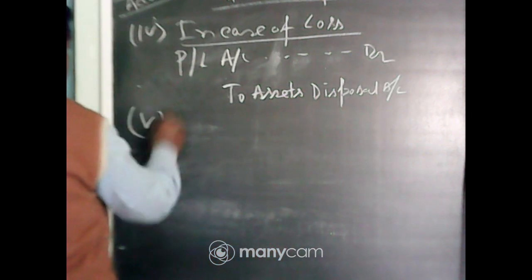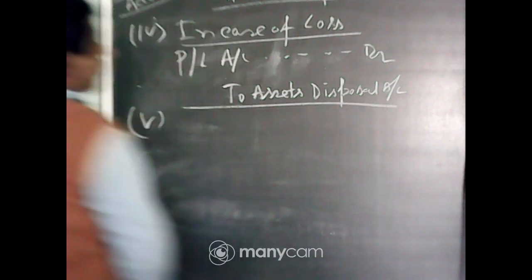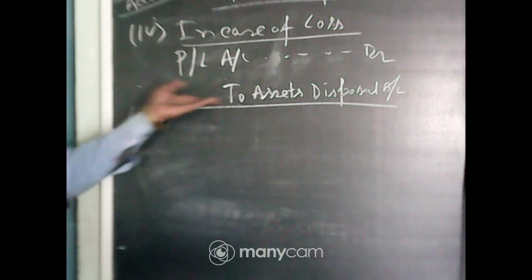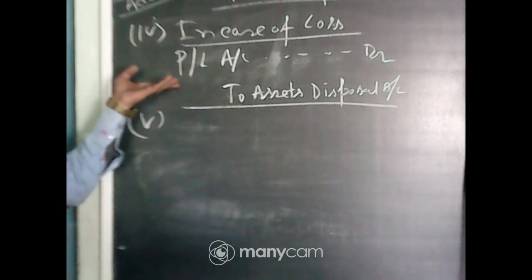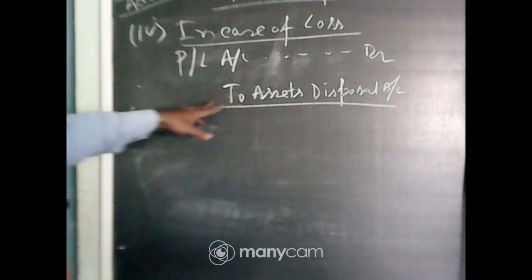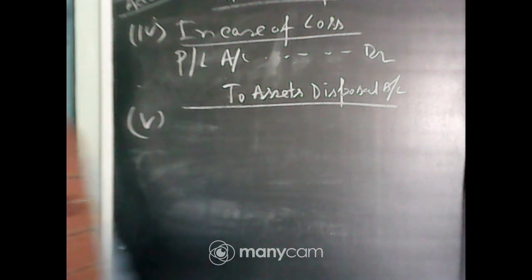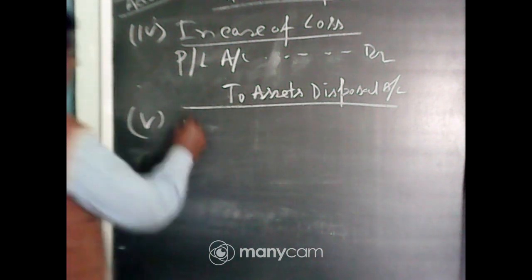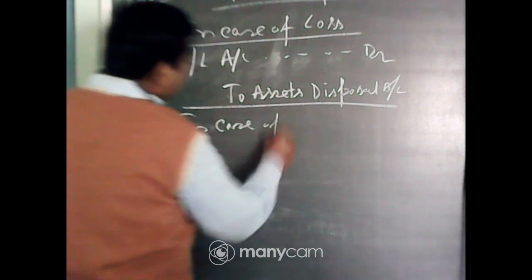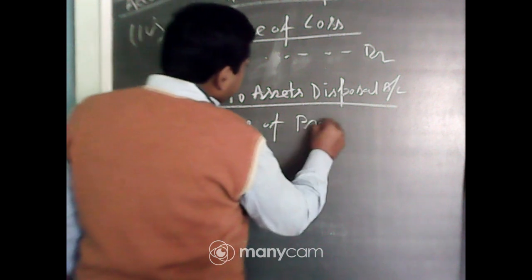Number 5. In case of the debit side of profit and loss, loss should be debited. And what you have to write? To asset disposal account. Now in case of profit, the reverse entry will happen.